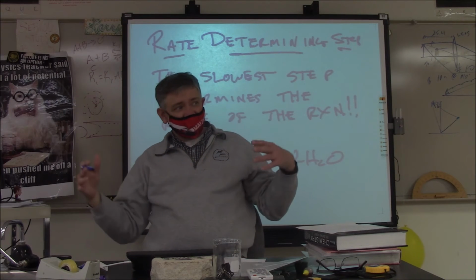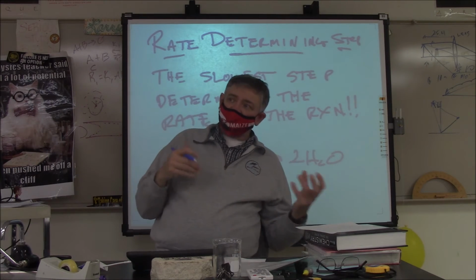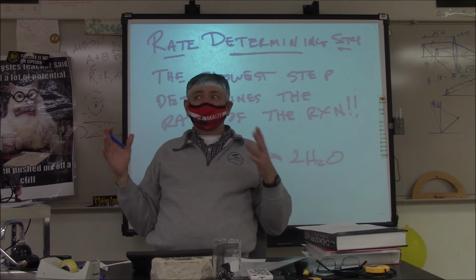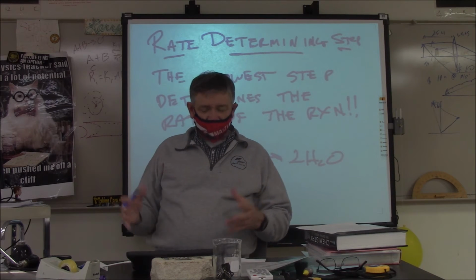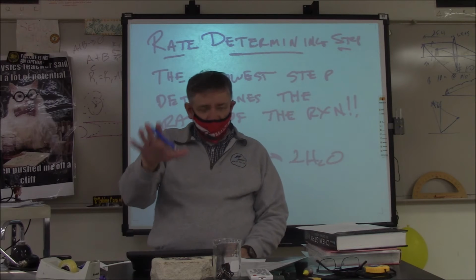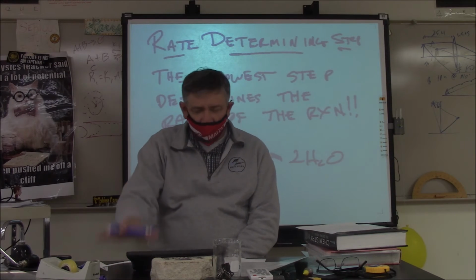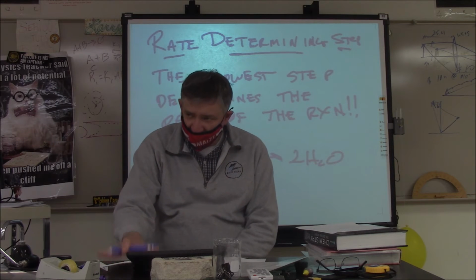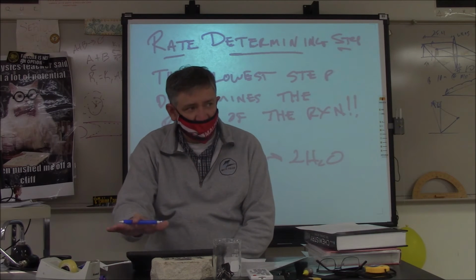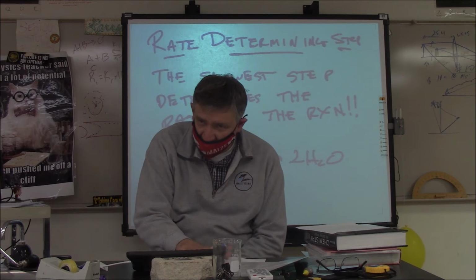So we've got to pull back the curtain and figure out what's actually causing the reaction to take place. Here's your overall guiding rule: no reaction can take place faster than the slowest step in the multi-step process.